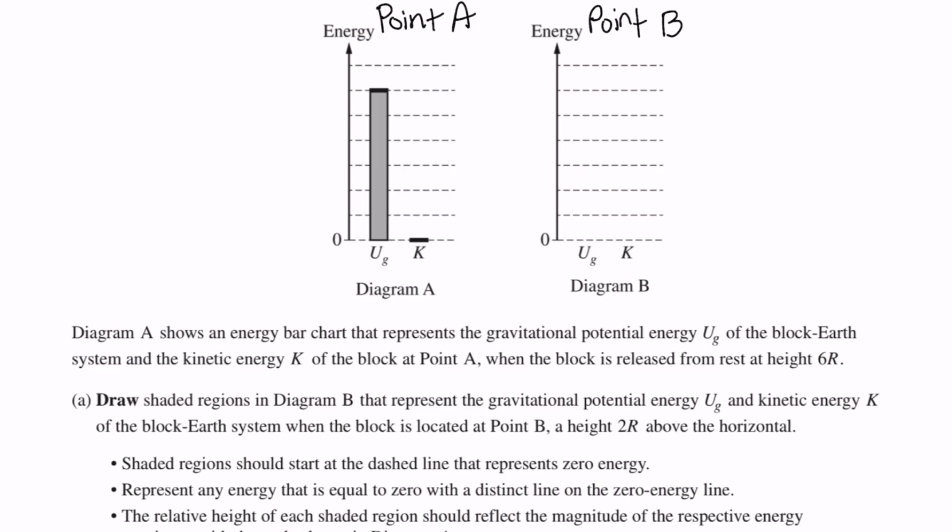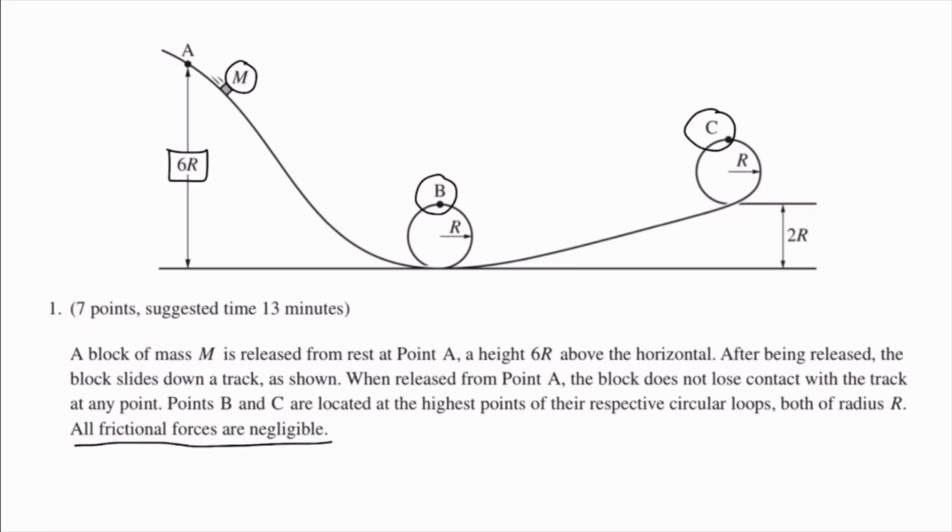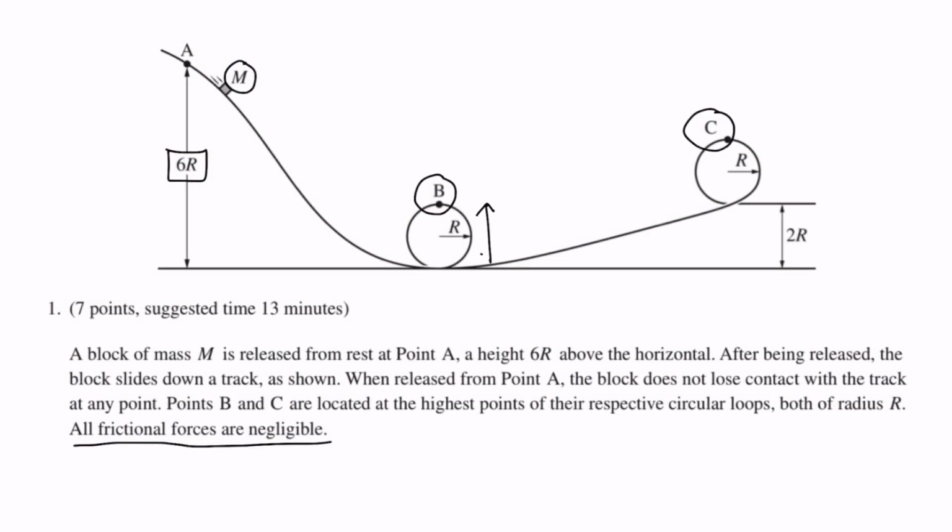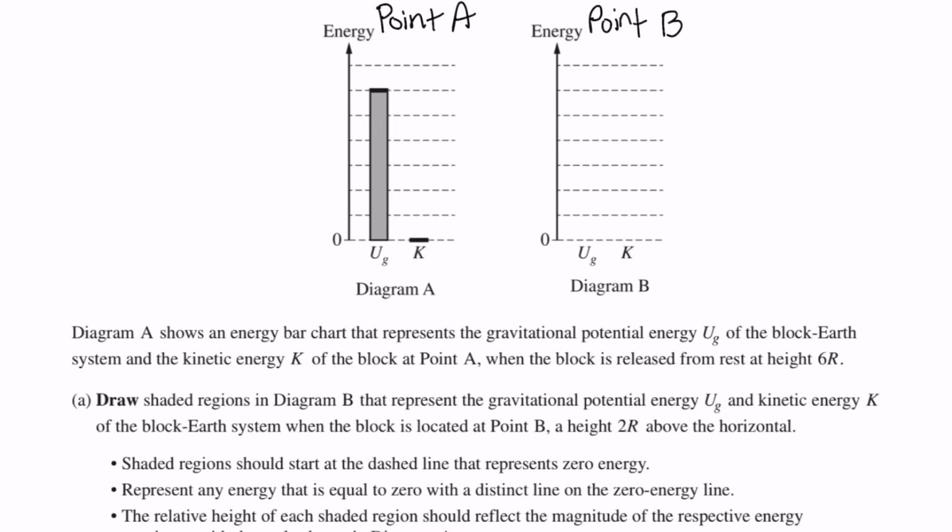If we look back at point B, we know that point B is a height 2r above the ground, right? Because we have two radii, so its diameter would be 2r. As it says here, B is a height 2r above the horizontal. So let's think about this.